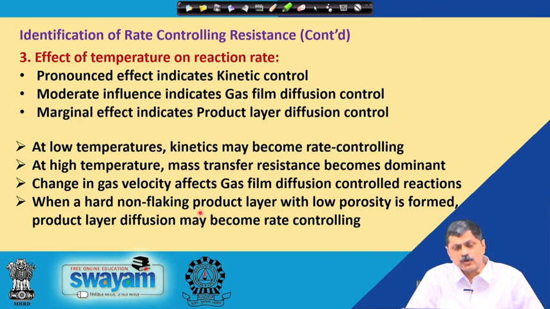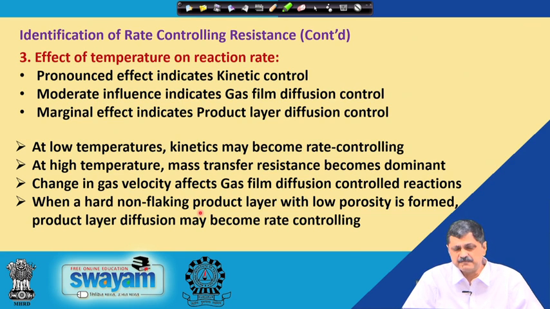Then we can also study the effect of temperature on the reaction rate. That will also give an idea about the rate controlling resistance. If temperature has a very high influence on the reaction rate, then chemical reaction may be rate controlling.